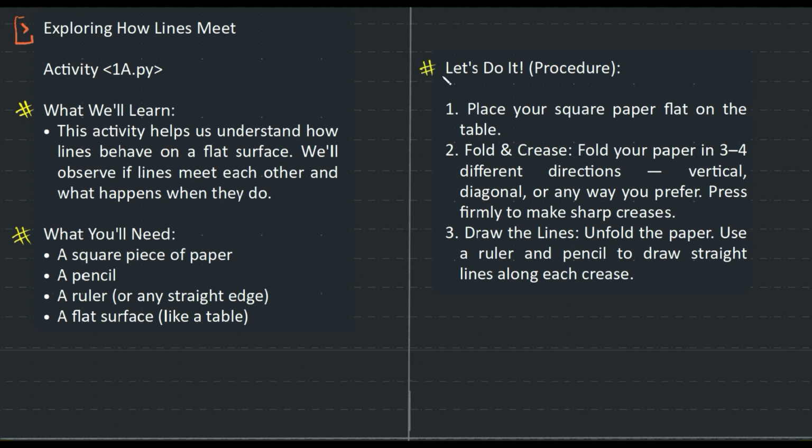Now, what exactly do you have to do? Place your square paper flat on the table, fold and crease. That is, you fold it anyhow you want and press it hard so that you end up with a crease. Let me actually show this.